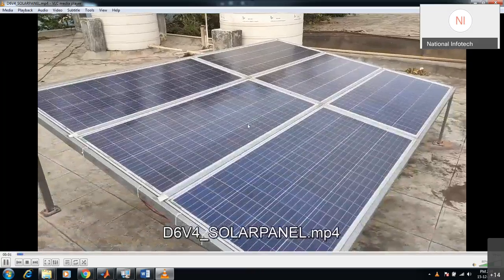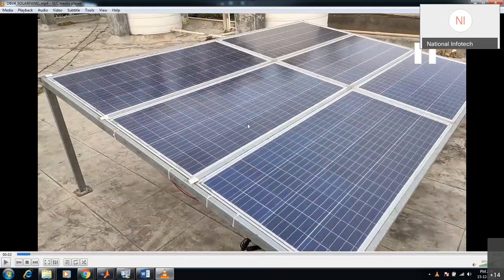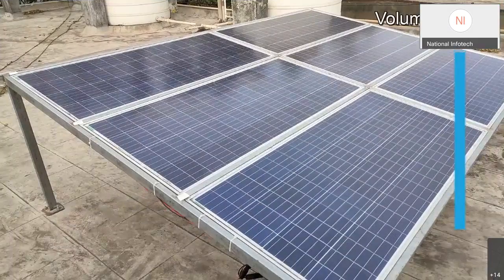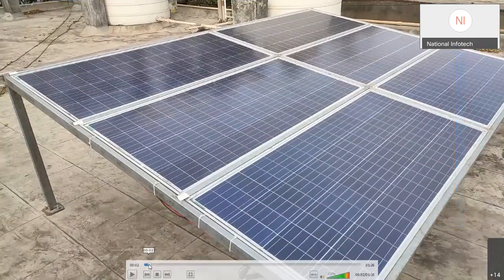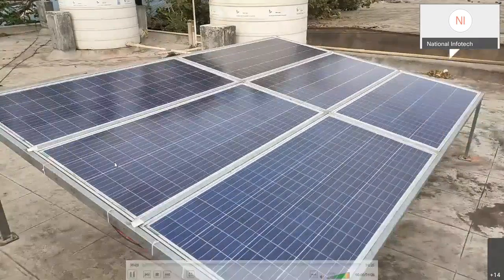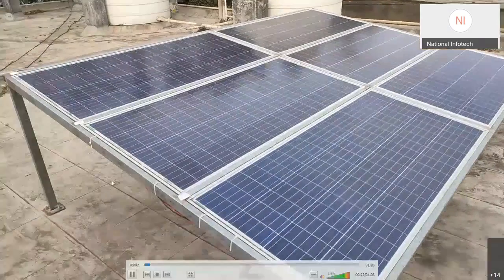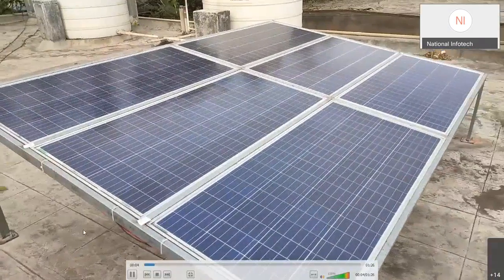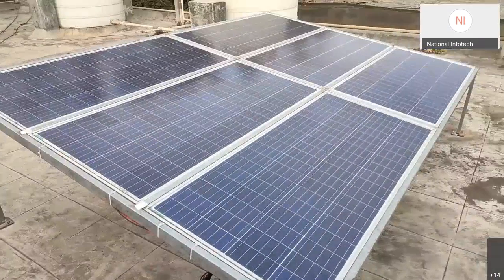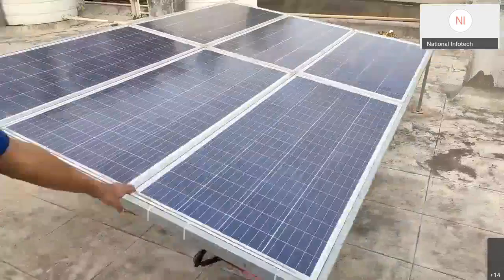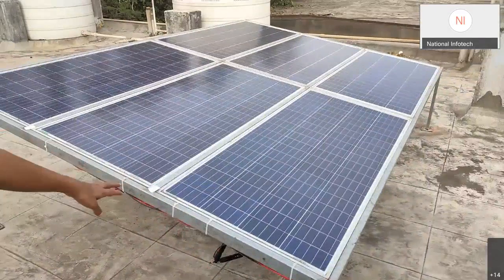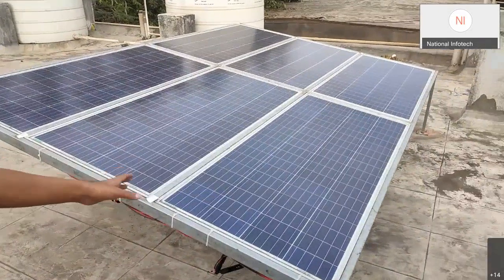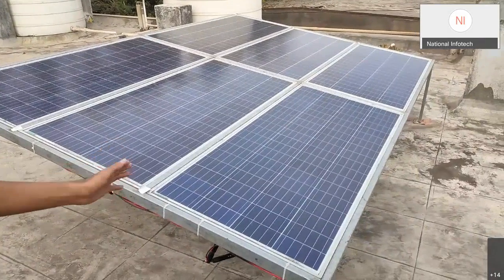So this is a solar panel installed at our facility. This one panel is of 150 watt, and we will see the data sheet of that too. We will show you in the presentation itself.